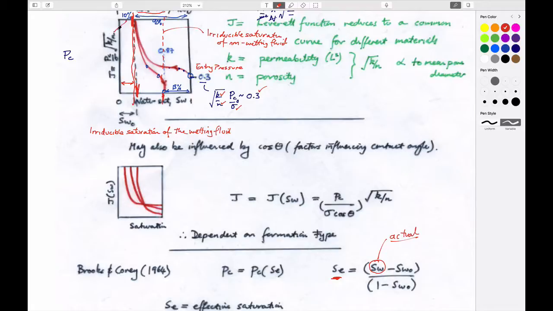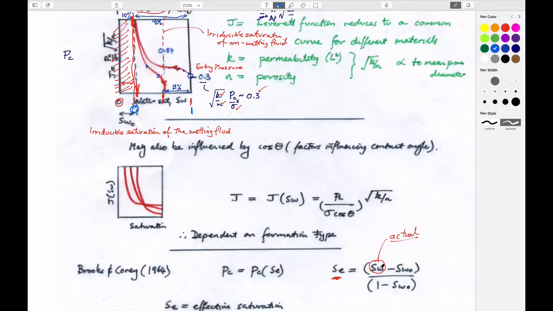So in other words, we're just imagining that this part of the graph doesn't exist, and that instead of the graph starting at 0 and going to 1, it actually starts at 0 here and goes to 1.